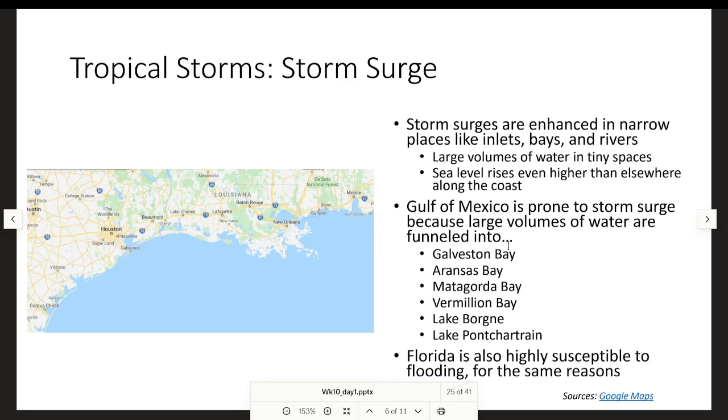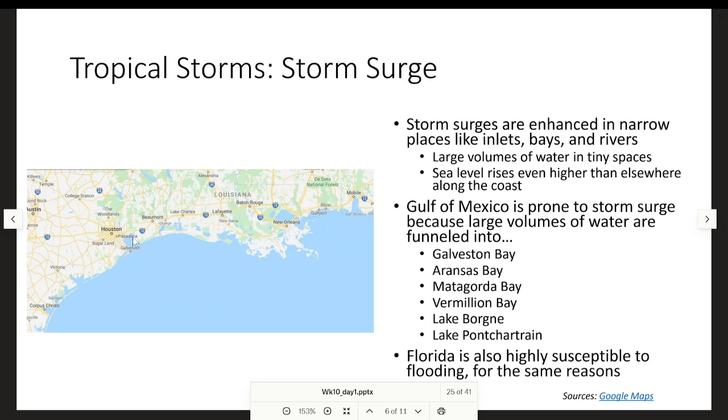And also, the Gulf of Mexico is prone to storm surge because of the large volumes of water. So again, this is this concave coastline, and the water just kind of piles up. And so places where you can get it the worst are in these bays that are ultra concave, right? So they really pile up.